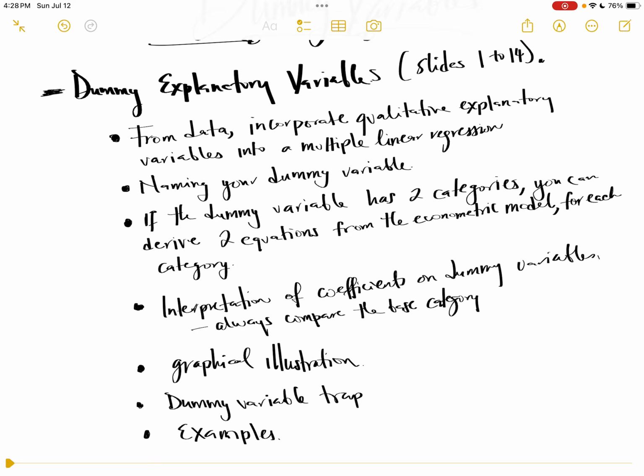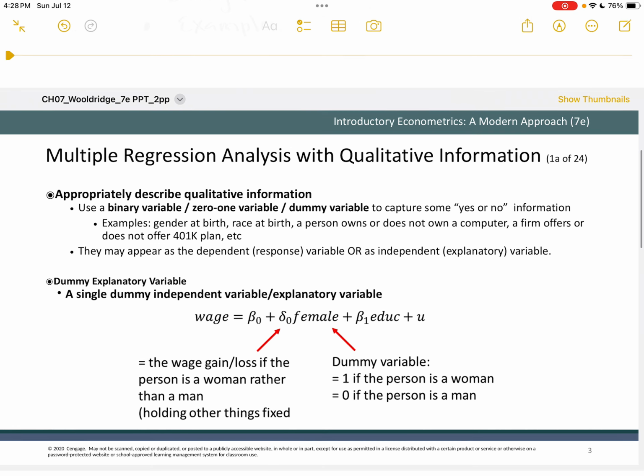Of course, we fix all other variables and we add on average, right? We'll look at a graphical illustration and talk about the dummy variable trap, see some examples, and call it done for this part 1.